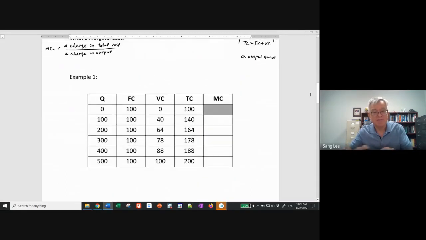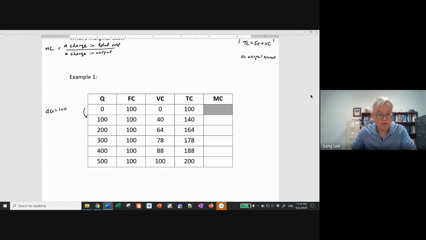So here, now, marginal cost: a change in total cost divided by change in output. So let's figure it out. Again, the first cell, we're going to leave it blank because when you produce zero output, there's no change, okay? So now, when you increase output from 0 to 100, what's the change in quantity?